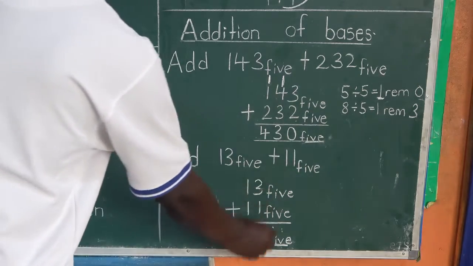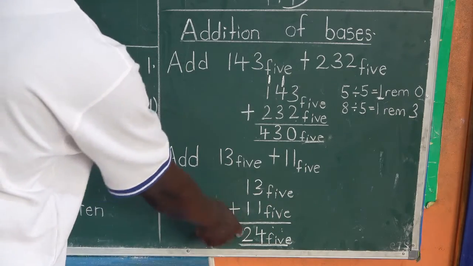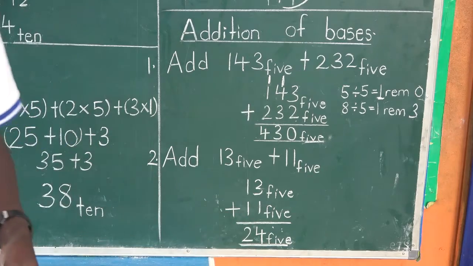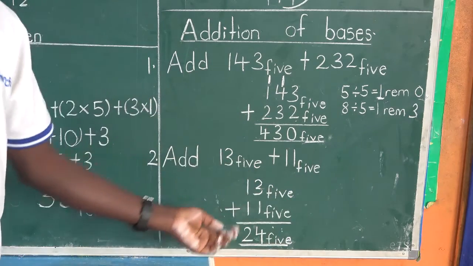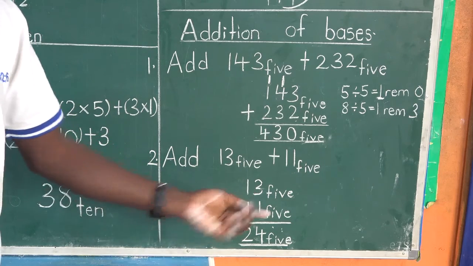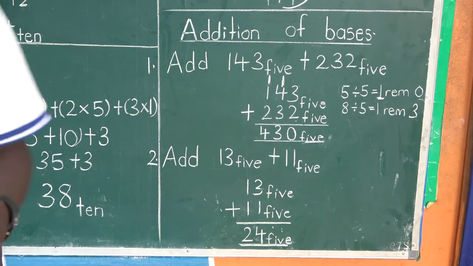This time you write a 4 directly, and then 1 plus 1 you get a 2, which is allowed. So the answer is 24 base 5. This one doesn't need division, because all the answers from the direct addition are acceptable in base 5. That's how we do all that.